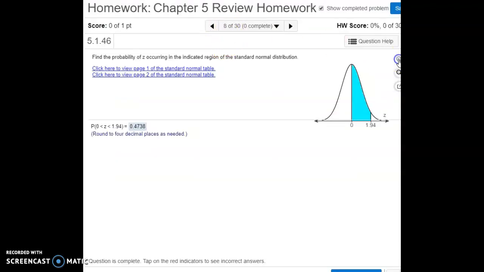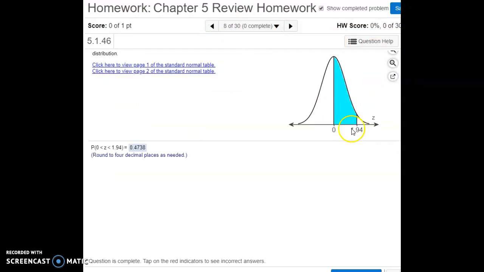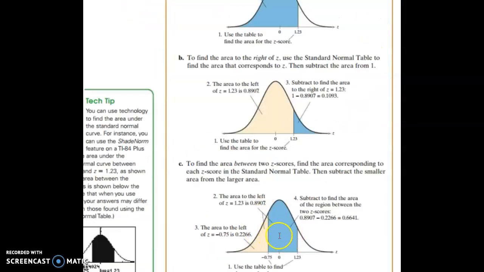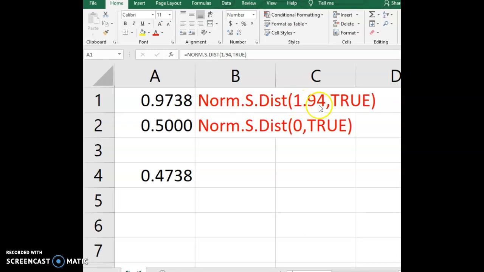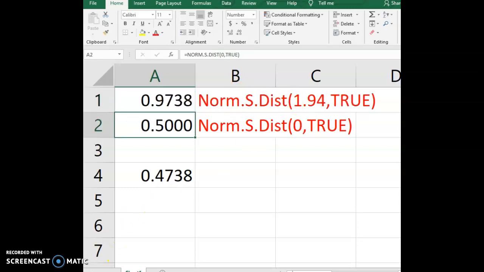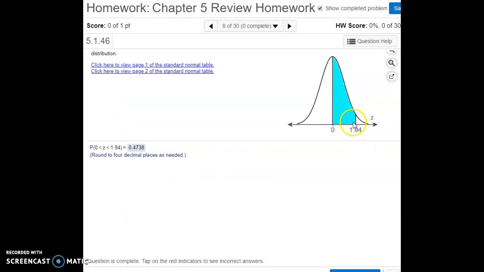For number 8, we're finding the probability of being in between two z-values. This is just like finding the area between two z-values, which is discussed in 5.1, the area to the left, to the right, or in between two z-values. Start with the z-value that's further to the right, and we're going to do norm.s.dist, type in the z-value, comma, true, and that gives us the probability of being at that z-value or anywhere further left all the way into the tail.